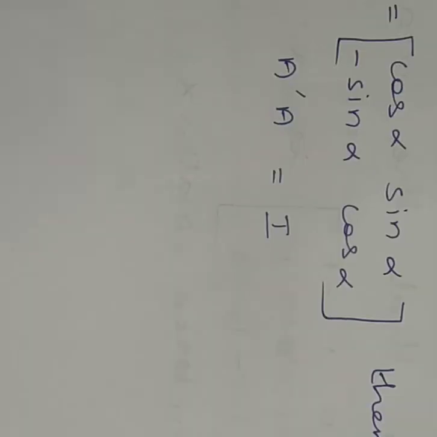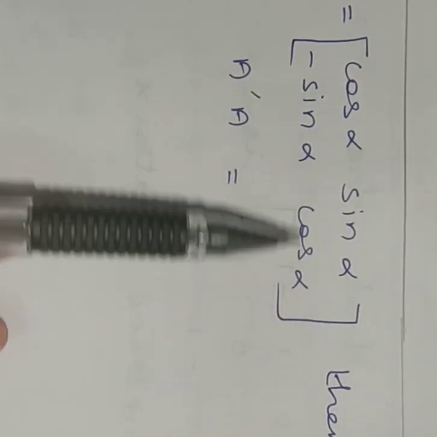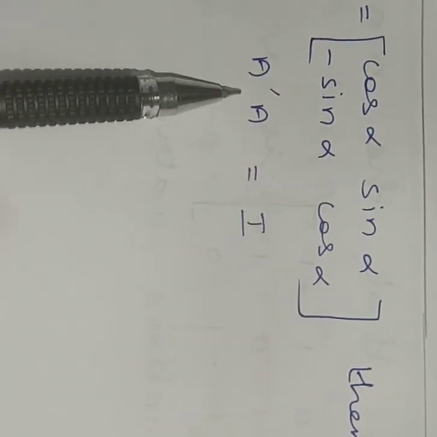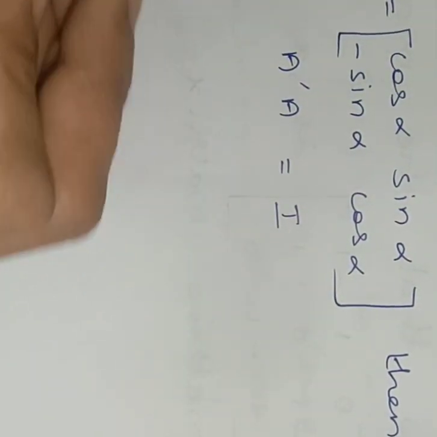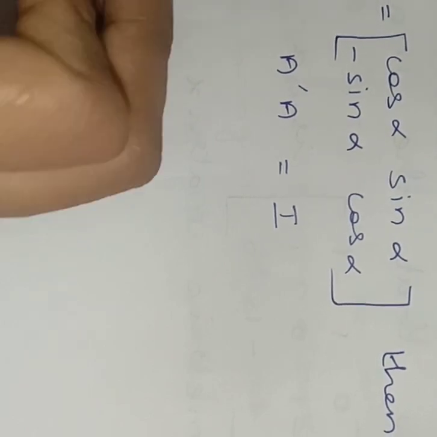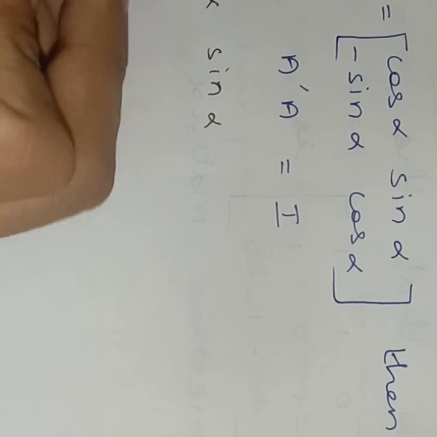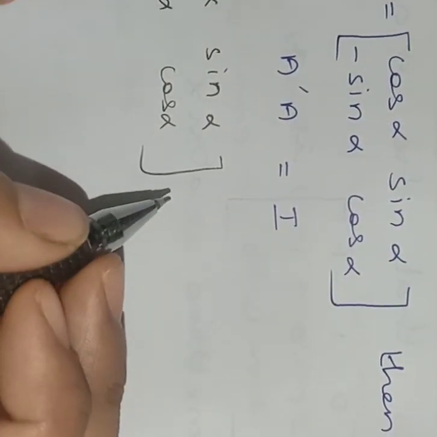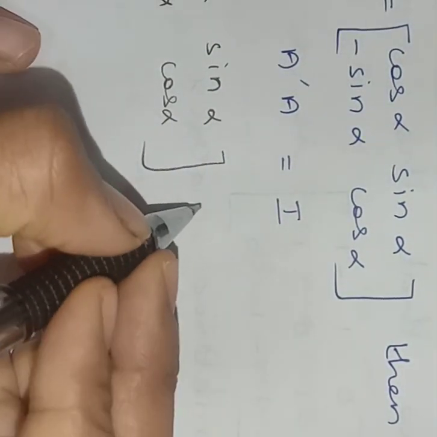Okay. The sixth question, if A is equal to cos alpha sin alpha minus sin alpha cos alpha, then verify that A dash A is equal to I. So A is given, A dash we want to find first. See, A value is cos alpha sin alpha minus sin alpha cos alpha. So okay, this is your A value. So what is A dash? Can you tell that?